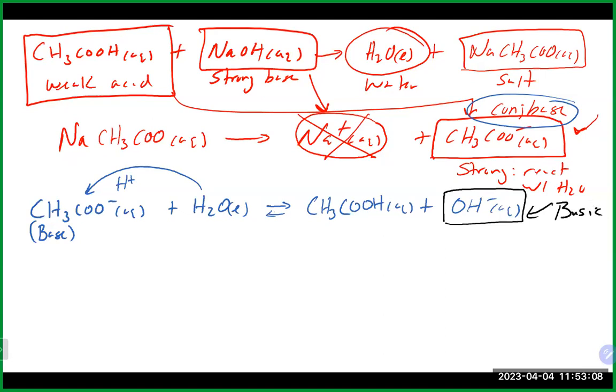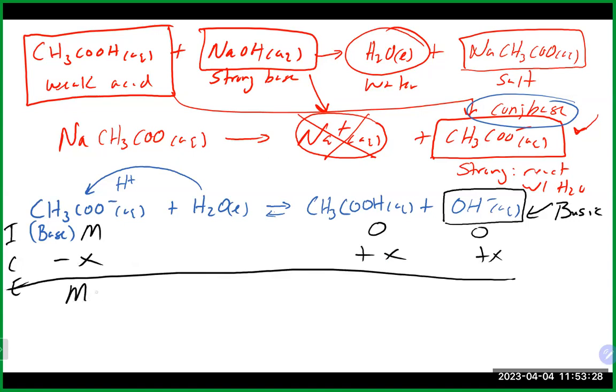If I wanted to calculate the pH of this salt solution, I would need to do an ICE table in this case. So I would do an ICE table here with my molarity, some zeros, minus X's, plus X's along the way here.